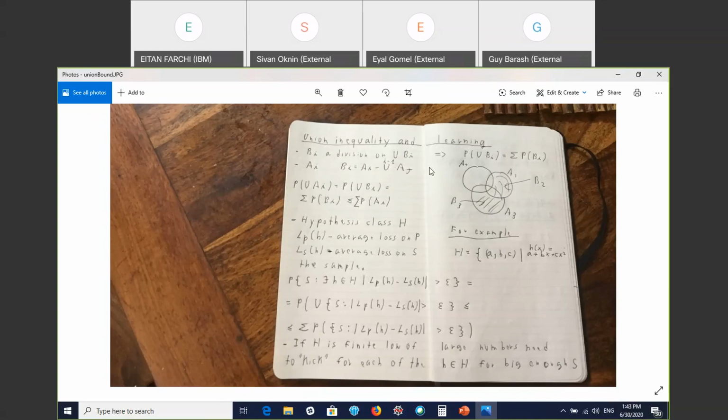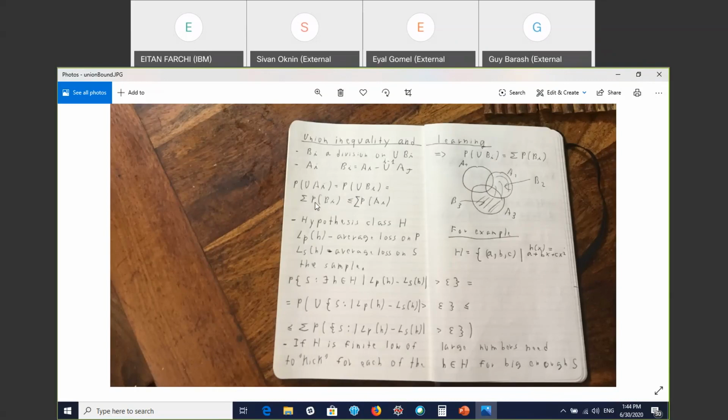So this is how I create a different, countable set of events Bi, which has the property that the union of the Bi is the union of the Ai. And now I can apply the first rule.